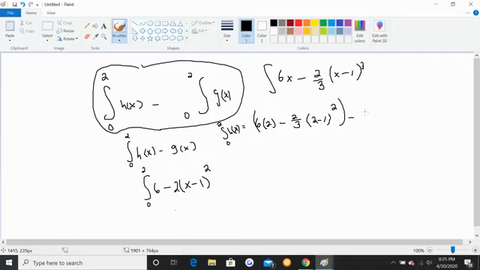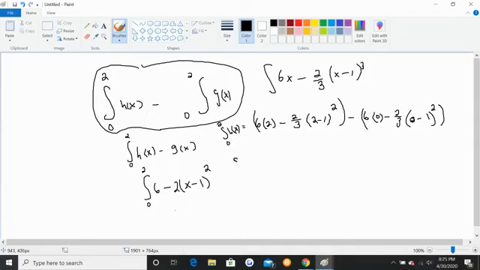So that'll be 0 minus 6, 0 minus 2/3 times 2 minus, times 0 minus 1 squared. All right, so we're not going to simplify that just for this time's sake of the video, but this is your definite integral for h of x.